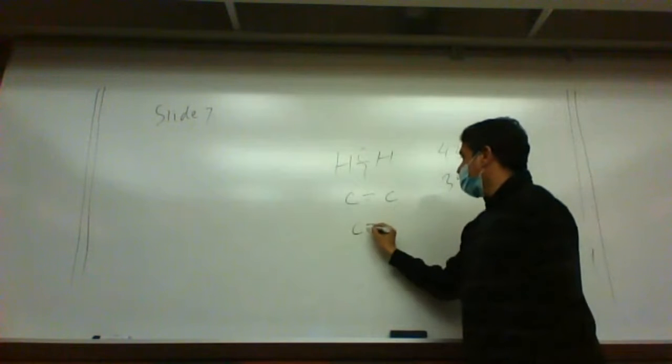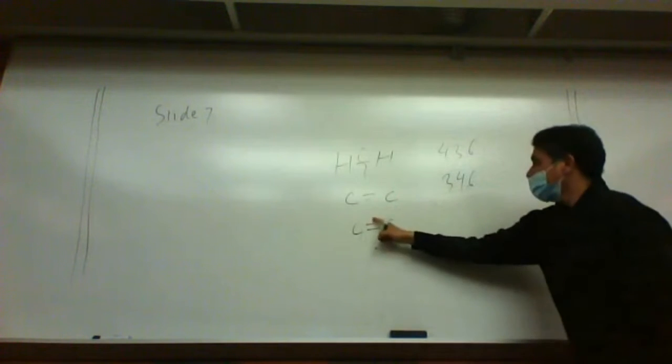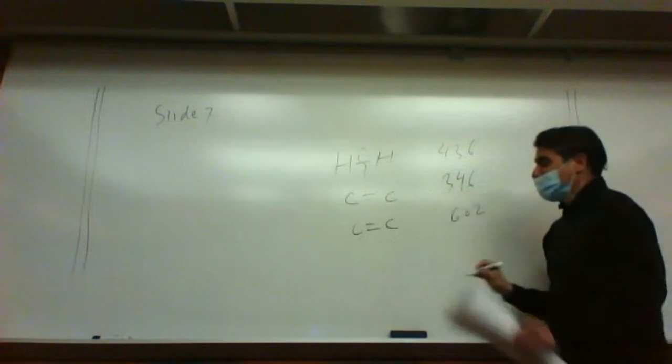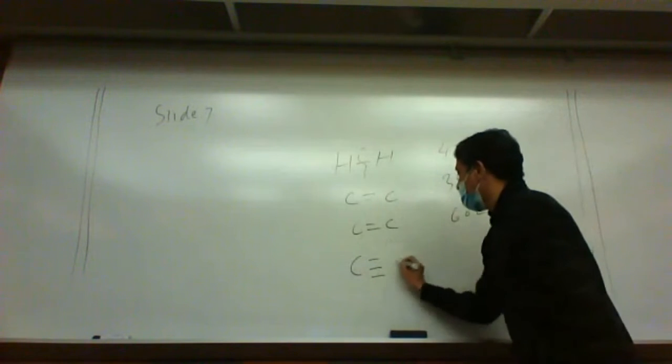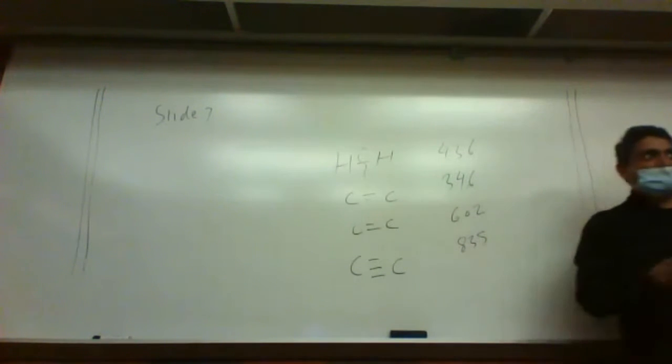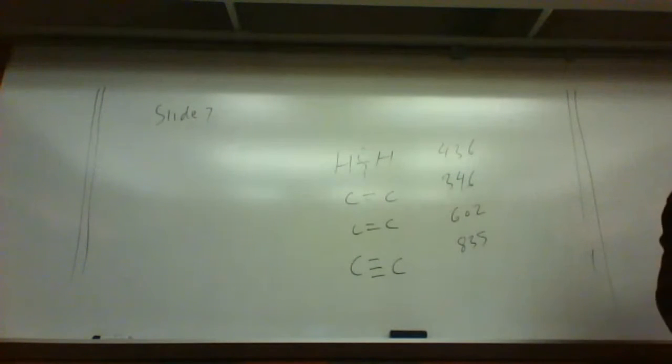If you want to break the C double bond C, you need to give 602 kilojoules of energy. Now, if you want to break this triple bond here, you need to give 835 kilojoules of energy. So if the number of bonds is bigger, we need to supply more energy so that the bond breaks. It is very simple, right?